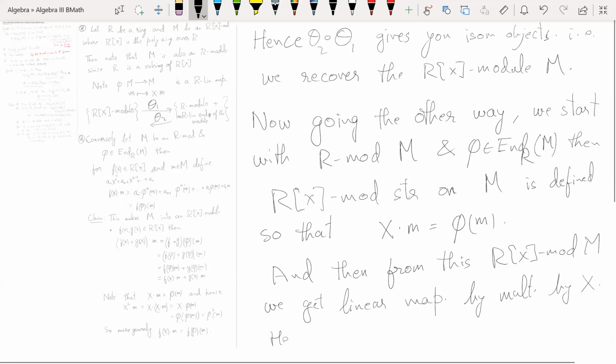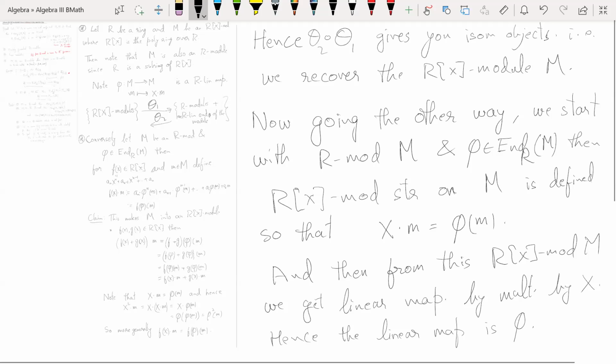Hence the linear map is phi. So we recover the R-module M and the linear map phi as well.